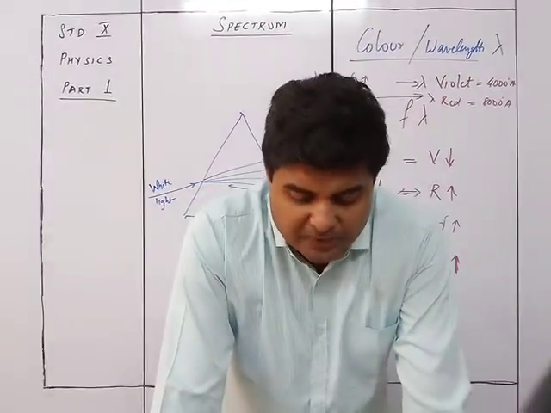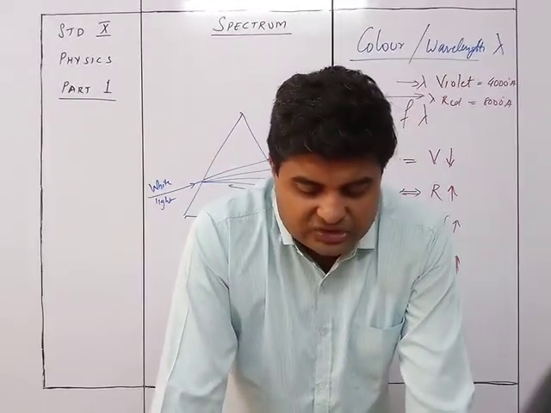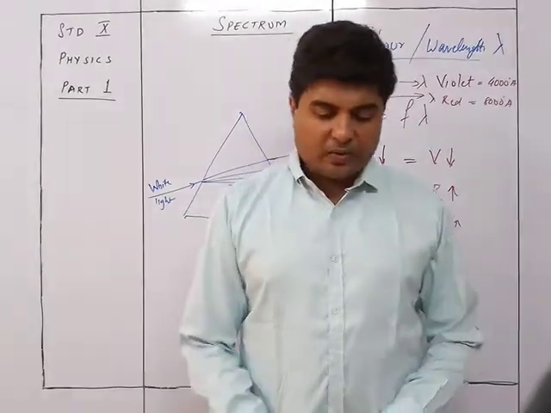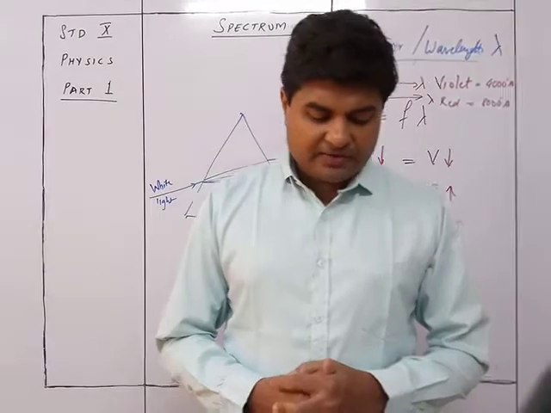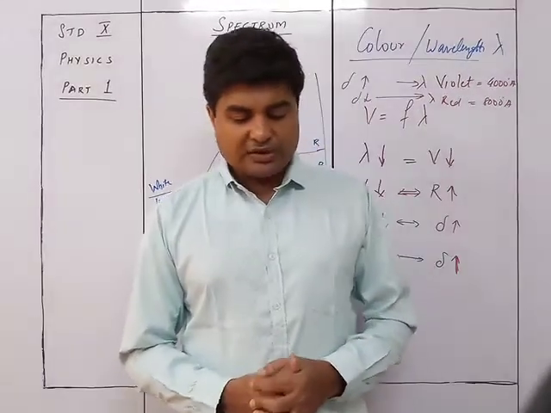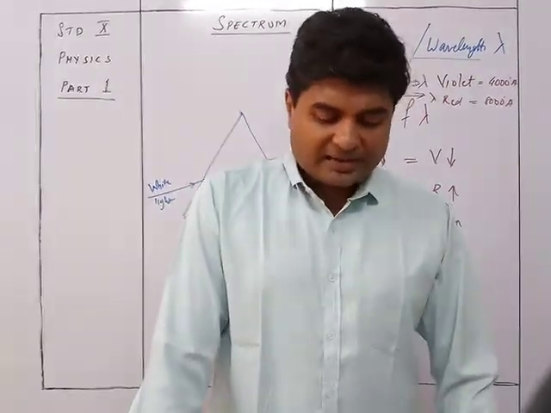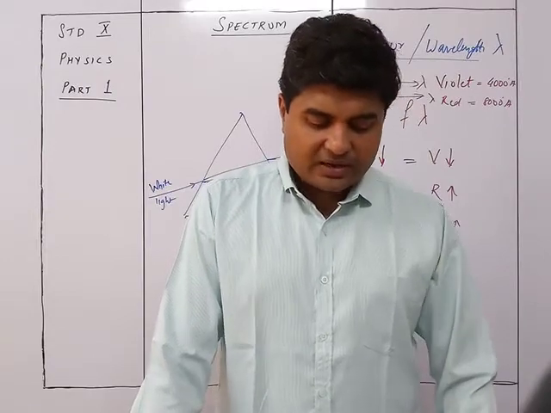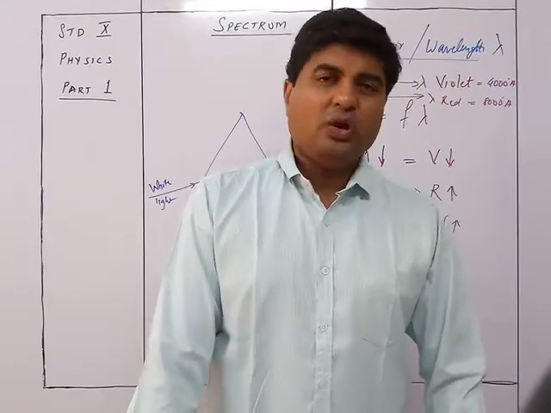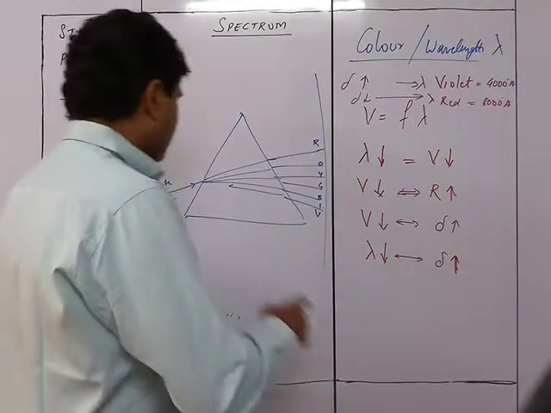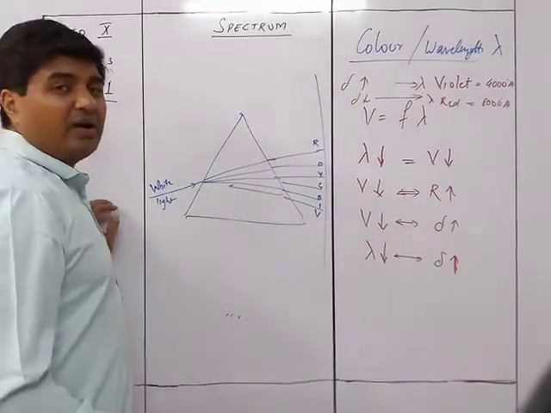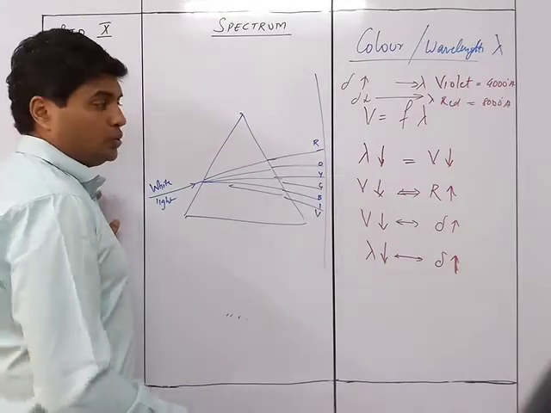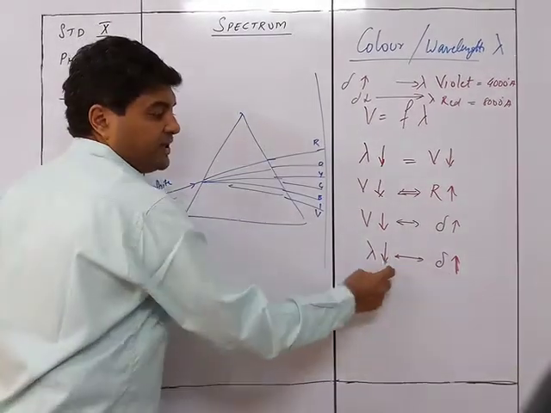The cause of dispersion of white light is the change in speed of light with wavelengths. When white light enters the surface of the prism, light of different colors, due to their different speeds in glass, gets deviated through different angles towards the base of the prism. Each color has a different wavelength, and hence there is a difference in the deviation.